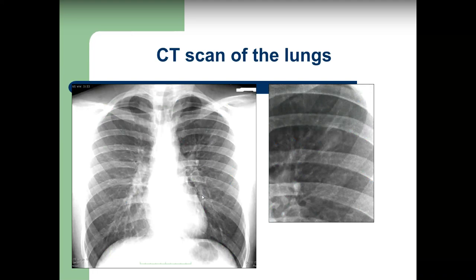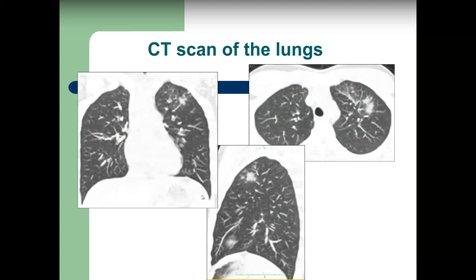For example, effectiveness of using CT in pulmonology. In this patient, we can find some subtle changes in the left lower lobe at radiography, but lots of changes at CT.